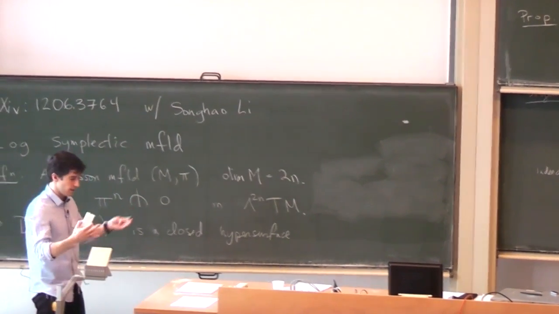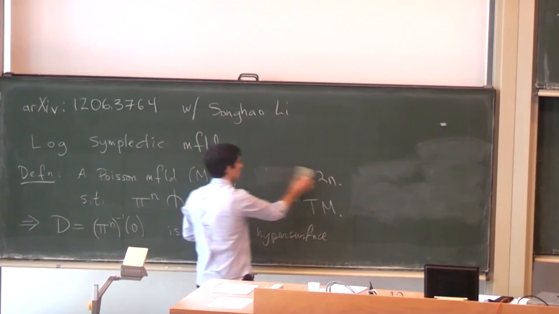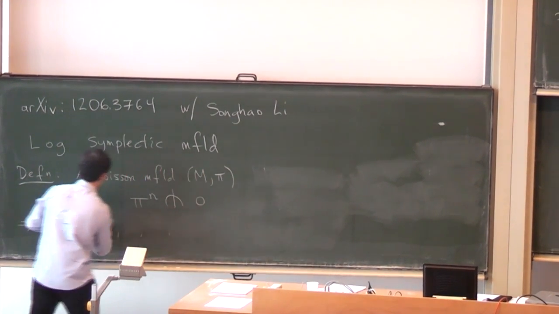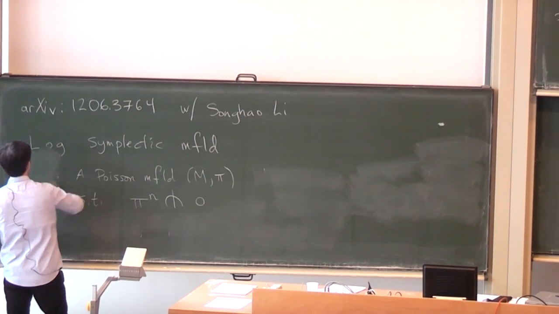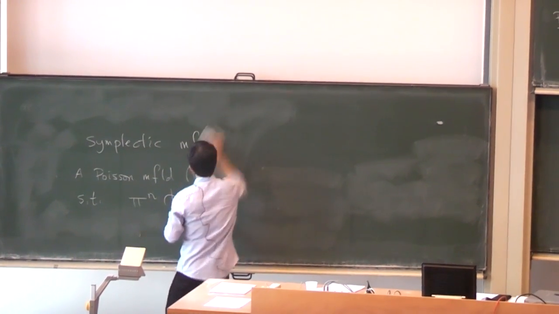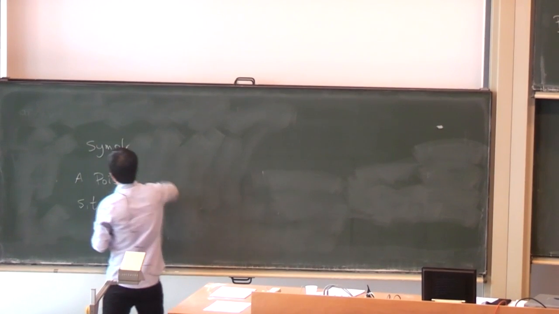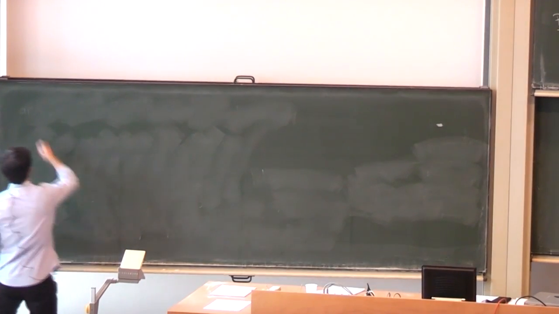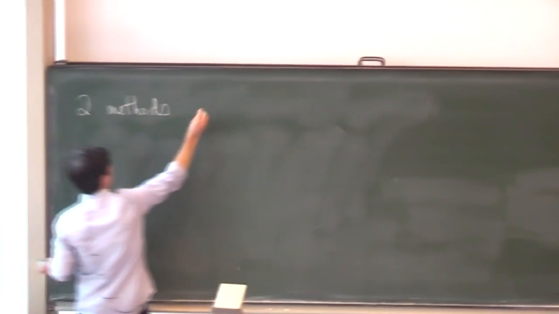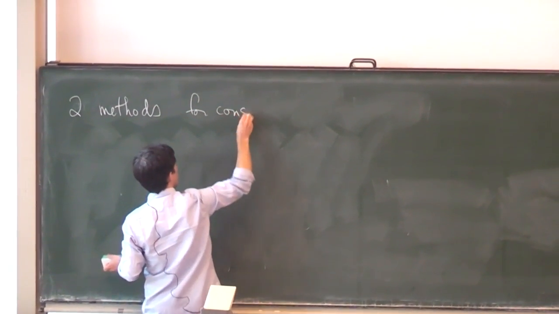So I'm hoping that although it's a slightly long paper, you don't have to read the whole thing. You could just take a piece and use it. They're kind of independent pieces. I would just want to talk about two methods for construction.